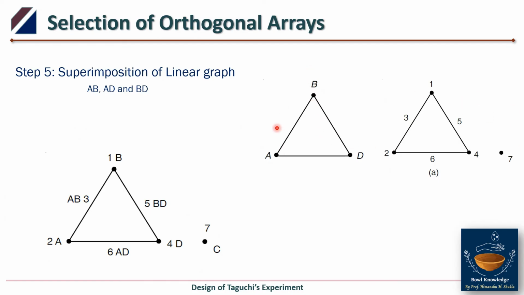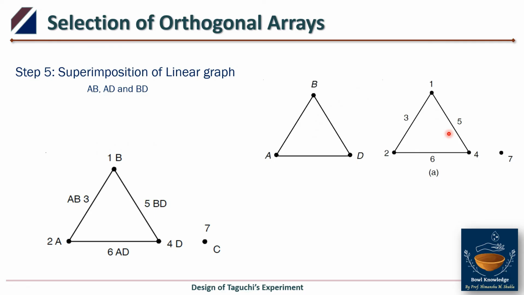I superimposed this graph on this graph and got this. In place of 2 I replaced A, in place of 4 I replaced D, in place of 1 I replaced B, and I kept the C factor alone at 7 because it is not interacting with anyone. So this is the perfect superimposition of this requirement onto this standard graph.